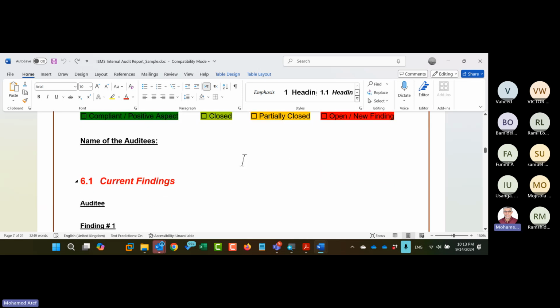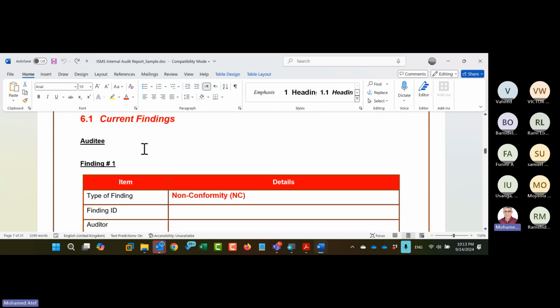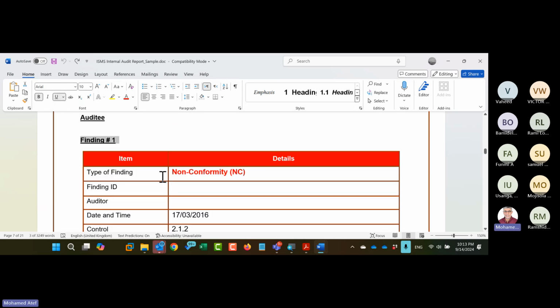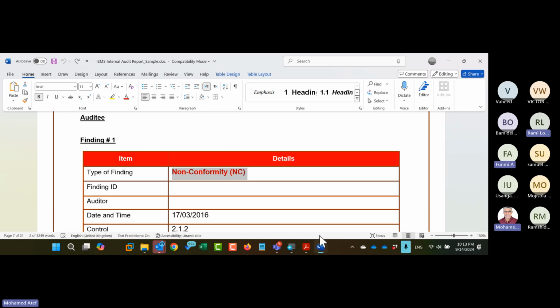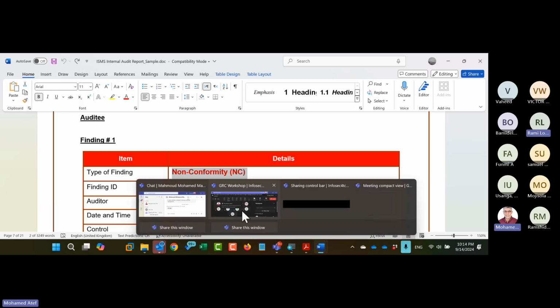Now, scrolling down, here we start the findings. The first finding here, what is the type of finding? It is a non-conformity. What do we mean by non-conformity or NC? A major deviation from the standard. Yeah, major. Okay, it's something major.